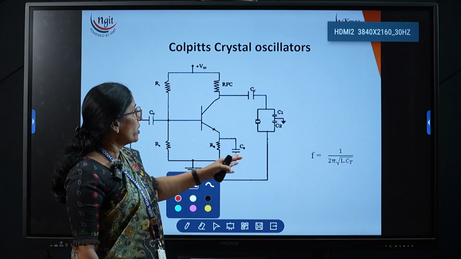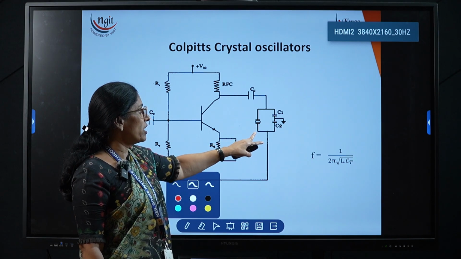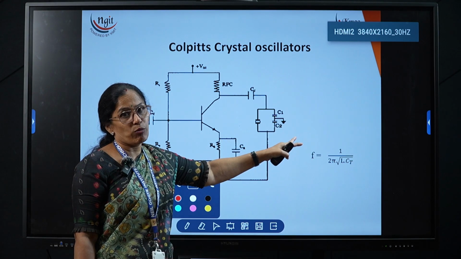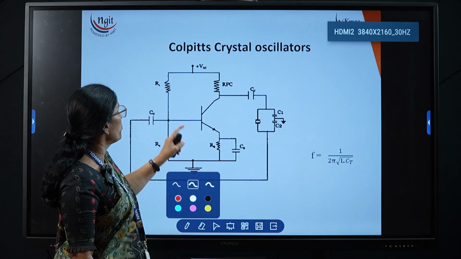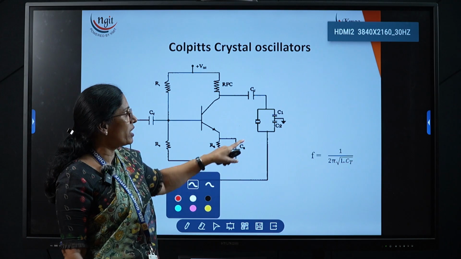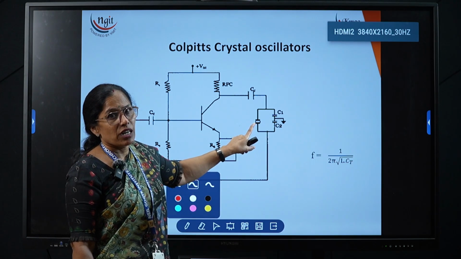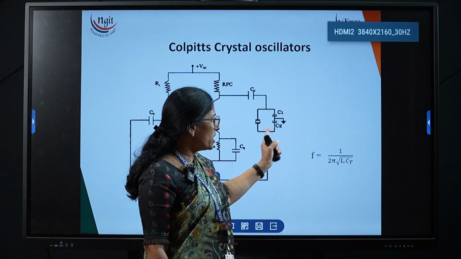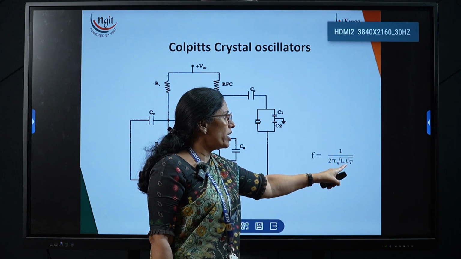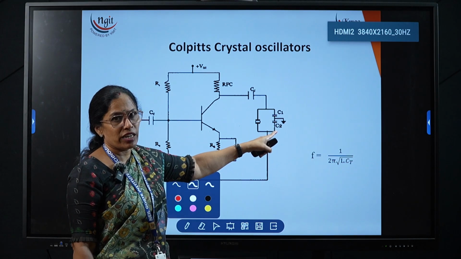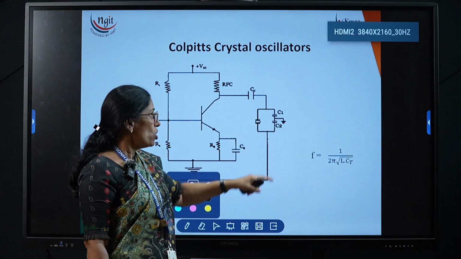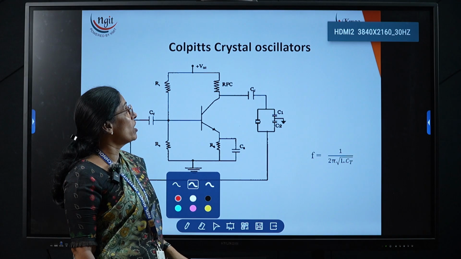If we replace the inductor with the crystal, we get more stable frequencies. The operation is like a Colpitts only; the only difference is that we are replacing the inductor with the crystal. The formula is the same, 1 divided by 2 pi root L into Ct, where Ct is the series combination of C1 and C2. Now this is about the Colpitts crystal oscillator.